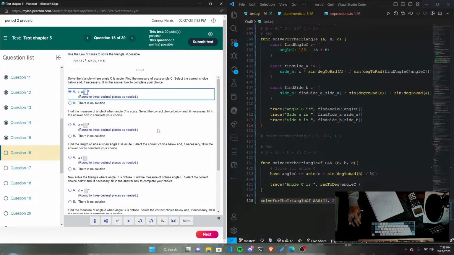So angle C, which is the inverse here, so then sine of C would be 55.202.